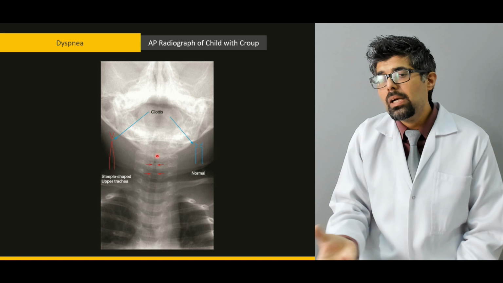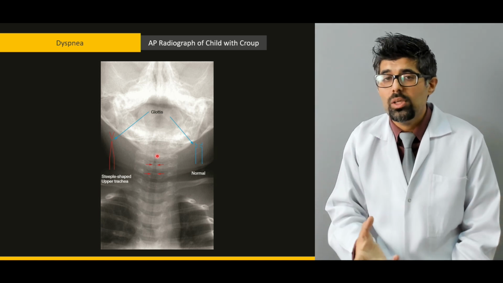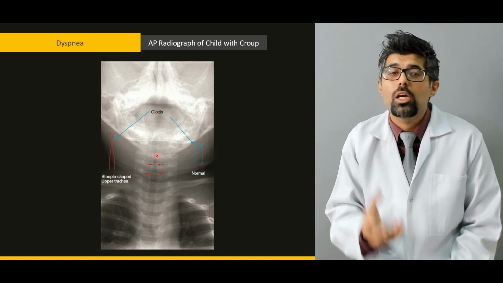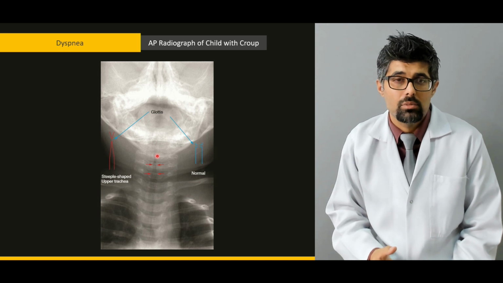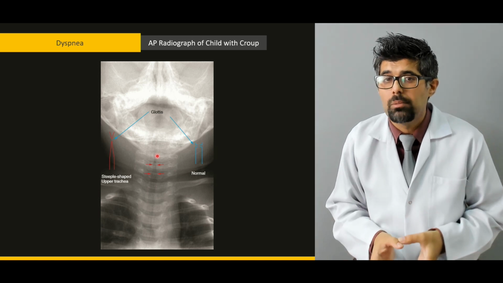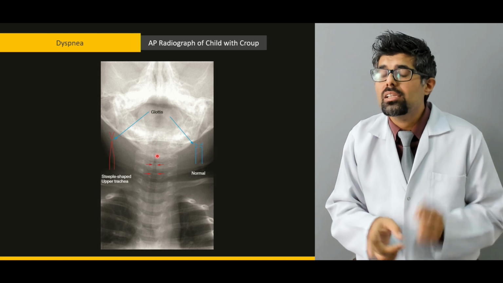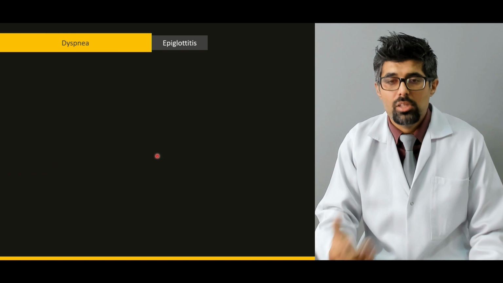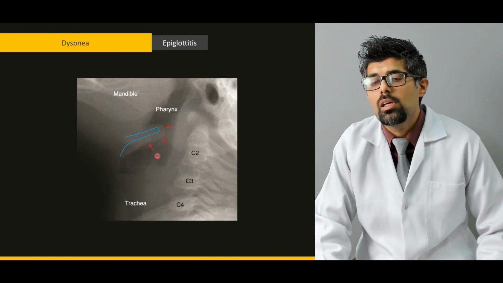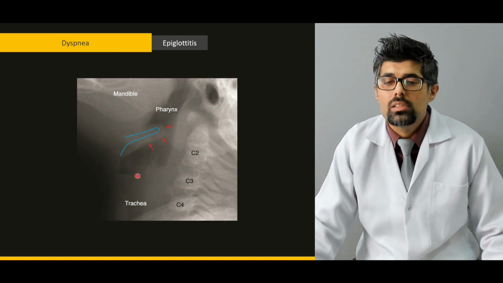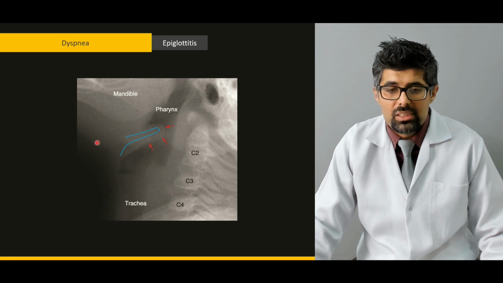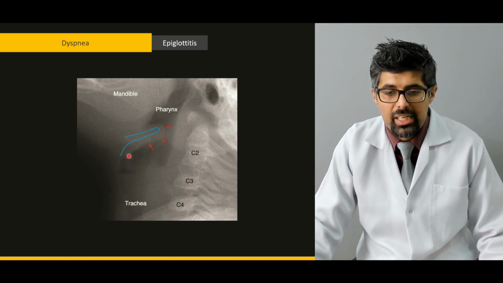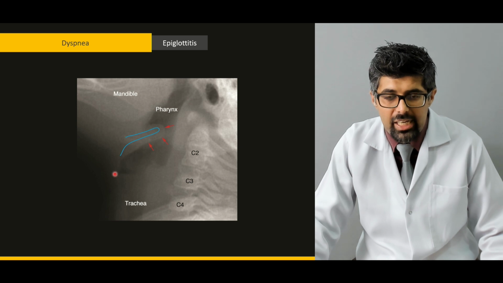Now, croup in a child must always be distinguished from acute epiglottitis because they are both very similar. But we only get the steeple sign in croup, and in acute epiglottitis, we get a thickened epiglottis. This is a lateral chest X-ray.